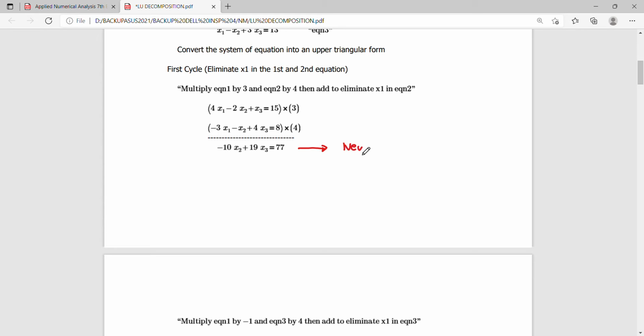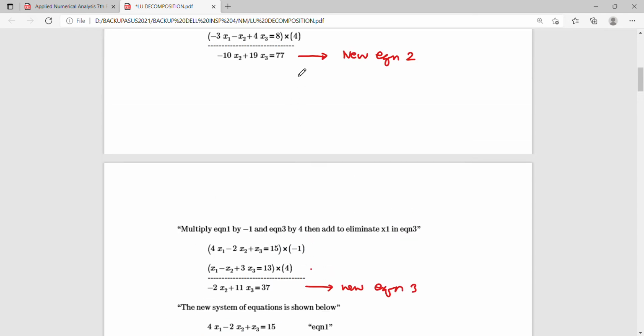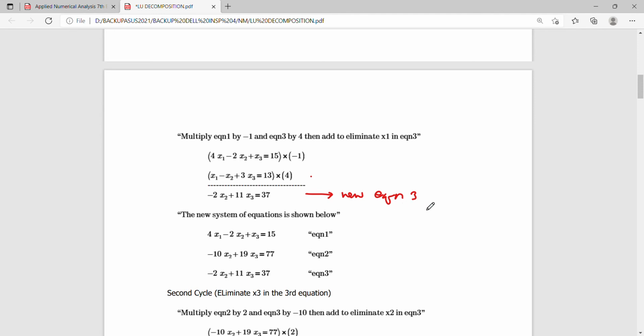Okay, so this is the new equation 2, and this will represent the new equation 3, such that the first equation will be retained, while the second and third equations will be updated into these new equations 2 and 3. So that involves now our first cycle of elimination.